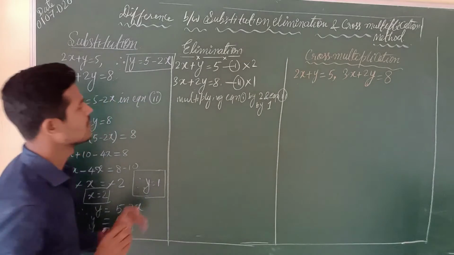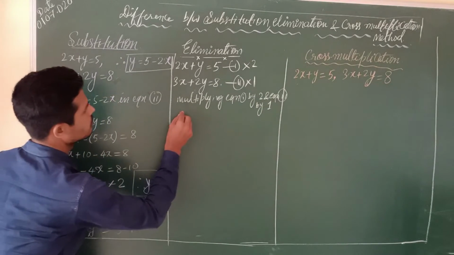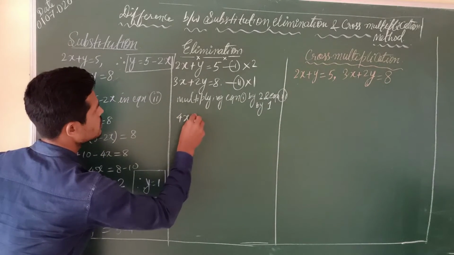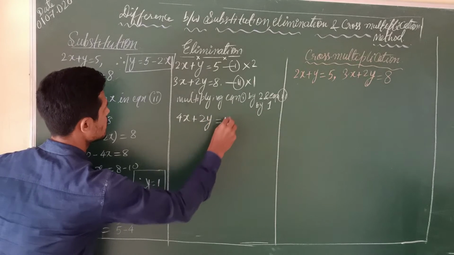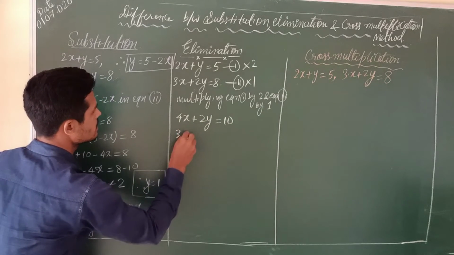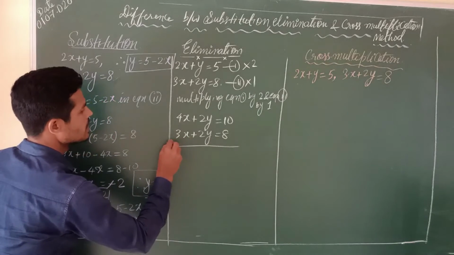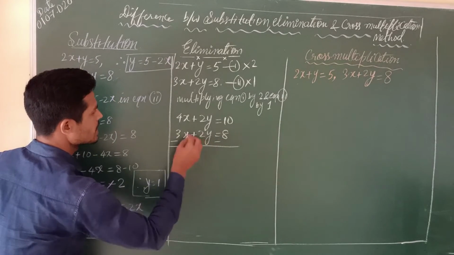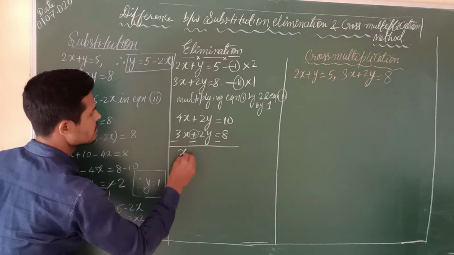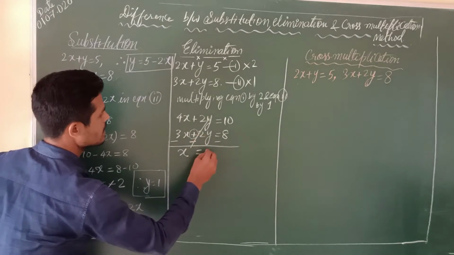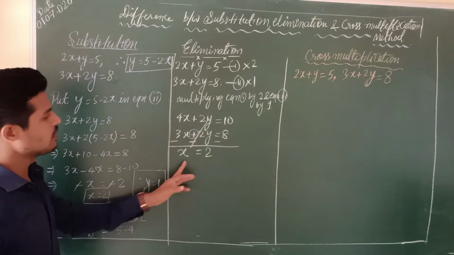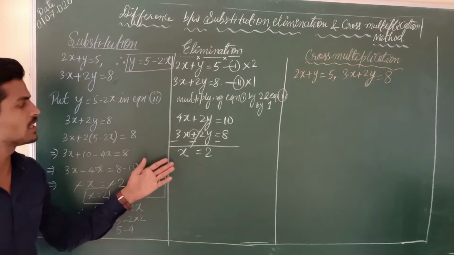What we get after multiplying: 2 twos are 4x plus 2y equal to 10, and 3x plus 2y equal to 8. Now subtract: plus minus, plus minus, plus minus. That is 1x, the y will be cancelled, 10 minus 8 is 2. That means we got the value of x, that is 2.